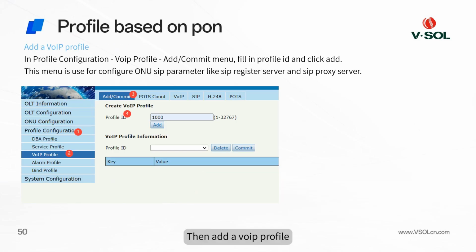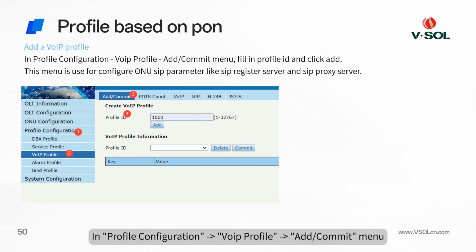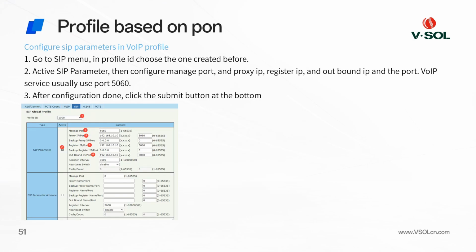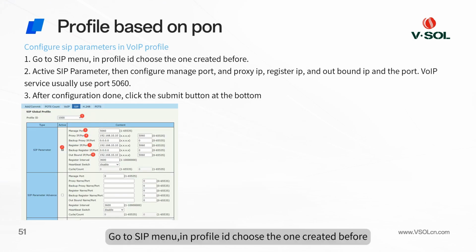Then add a VoIP profile. In Profile Configuration, VoIP Profile, Add or Commit menu. Fill in the Profile ID and click Add. This menu is used to configure the ONU SIP parameters, like the SIP register server and SIP proxy server. Go to the SIP menu. In Profile ID, choose the one created before.